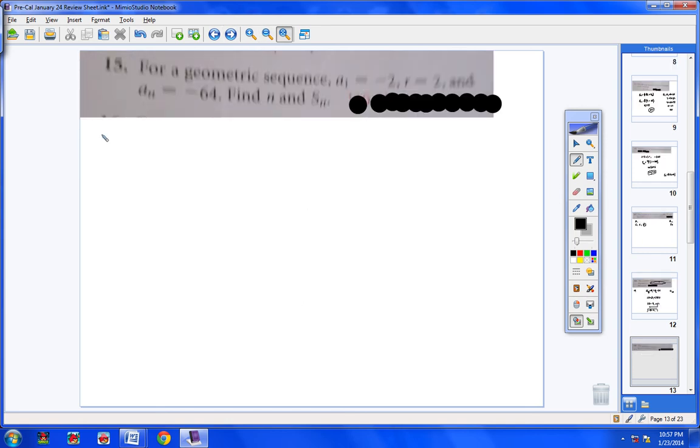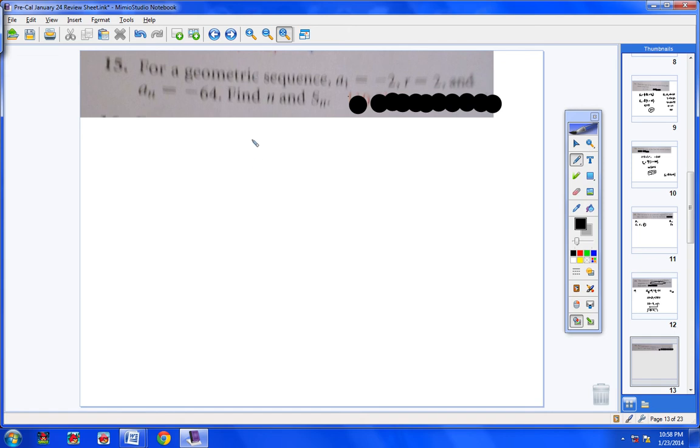Alright, number 15. Now we're dealing with geometric sequences. For a geometric sequence, the first term is negative 2, the common ratio is 2, and a subscript n is negative 64. Find n, in other words, find what term negative 64 is. Then after you've done that, find the sum of all of those terms.